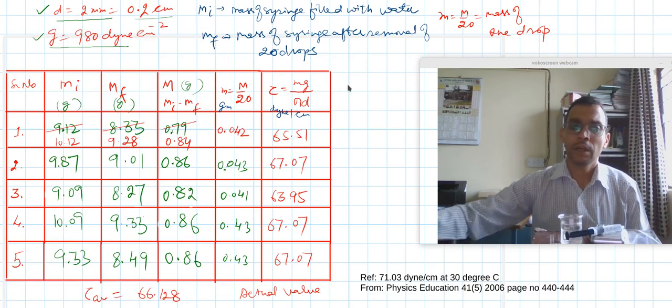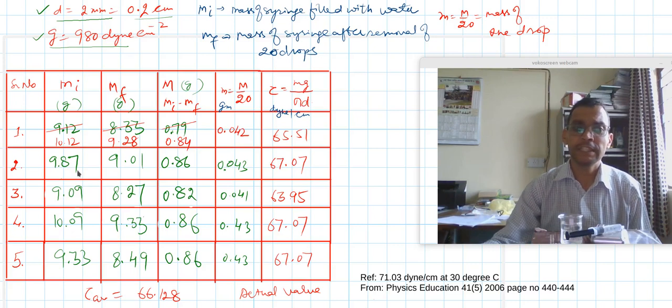I repeated the experiment time and again, and there was a lot of difference in the first reading, so I omitted it and took this reading instead. This is the mass of each drop.